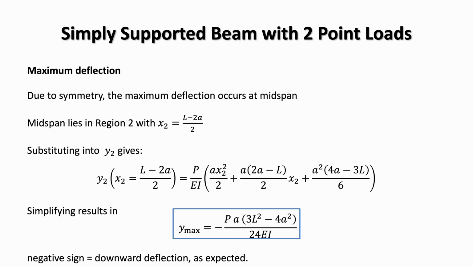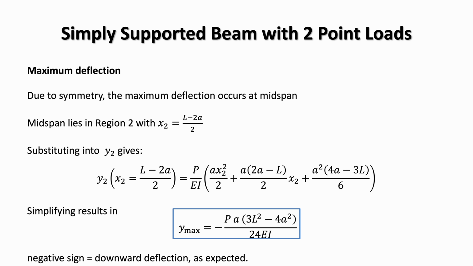And finally, we can determine the last thing we were requested to determine, which is the maximum deflection of the beam. Because the loading and geometry is symmetric, the maximum deflection occurs at the midspan of the beam, where incidentally the slope will be 0. The midspan lies in region 2, so in terms of the local coordinates, this corresponds to x2 equals (L minus 2A) over 2.